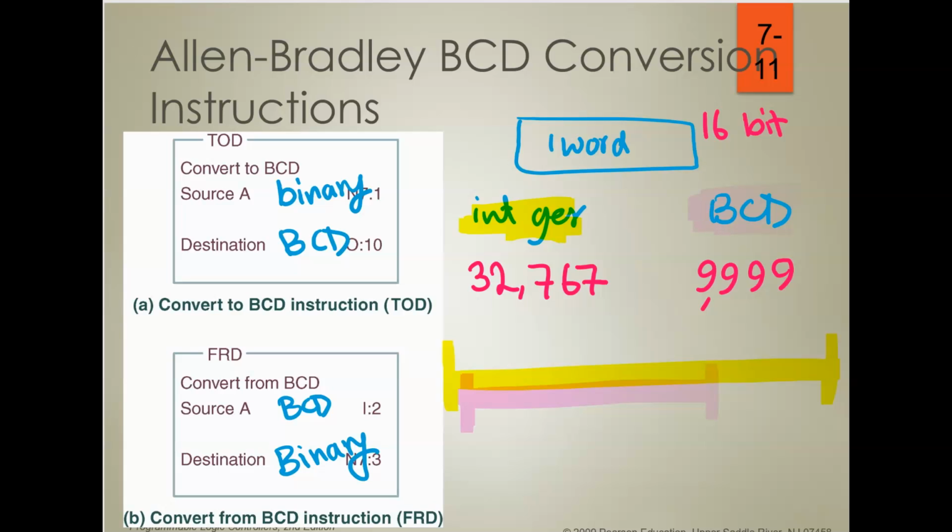Okay. Now, what can happen is that if you choose a number in your binary coded decimal system within this range, then definitely there is an equivalent integer number for it, which can be described in 16-bit.